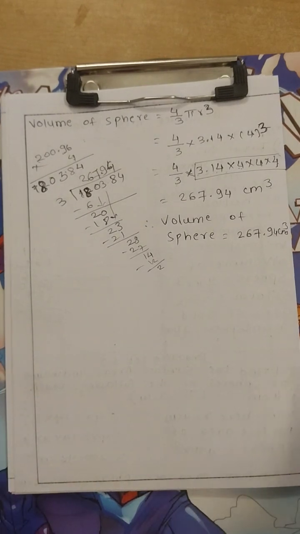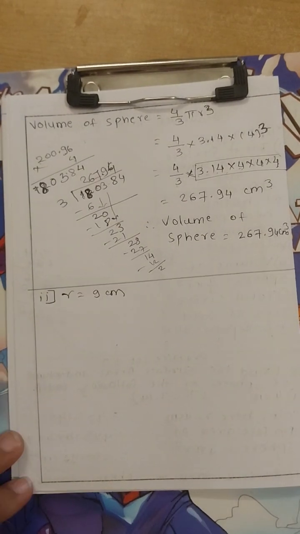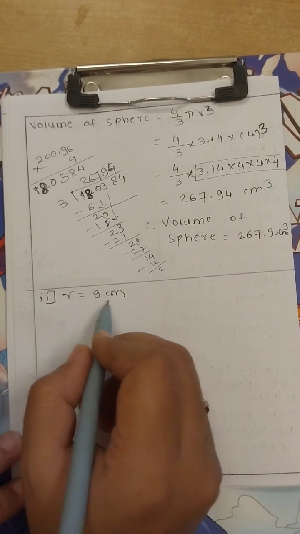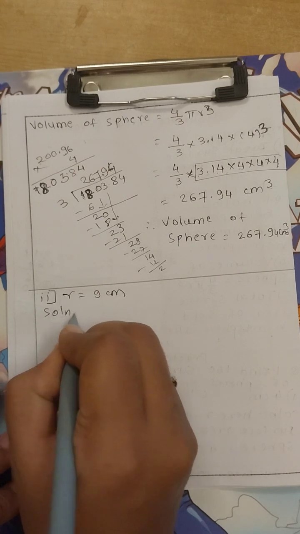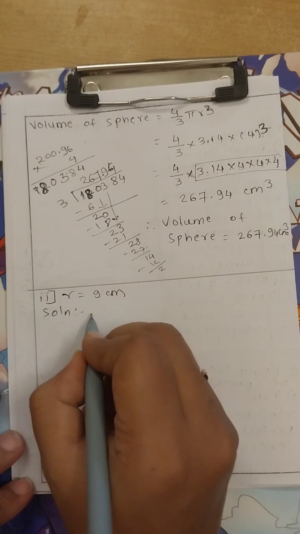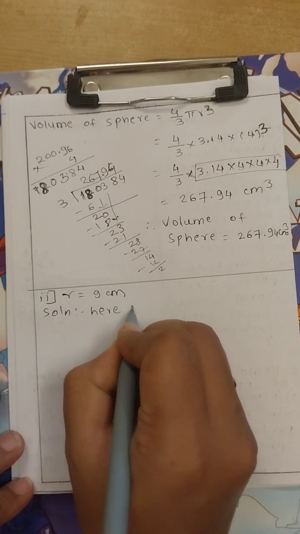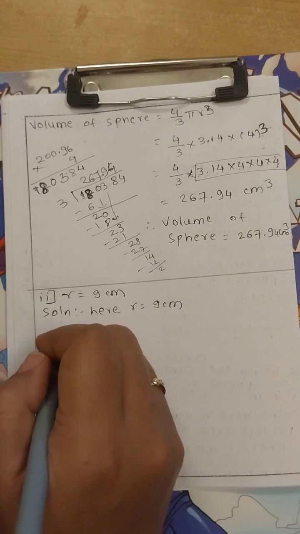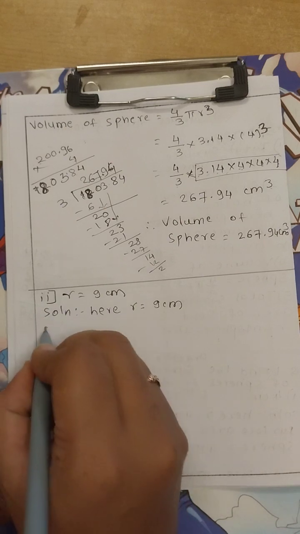Okay. Next, second question. Second question is r is equal to 9 centimeter. Solution. Here r is equal to 9 centimeter. Directly you have to write down the formula.